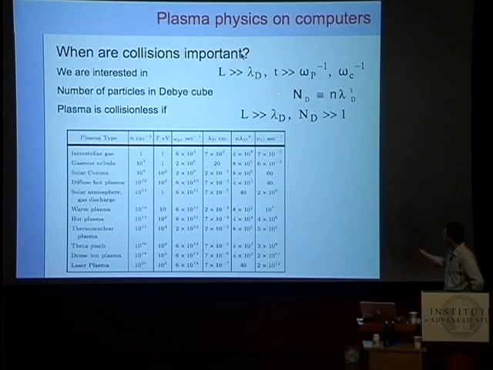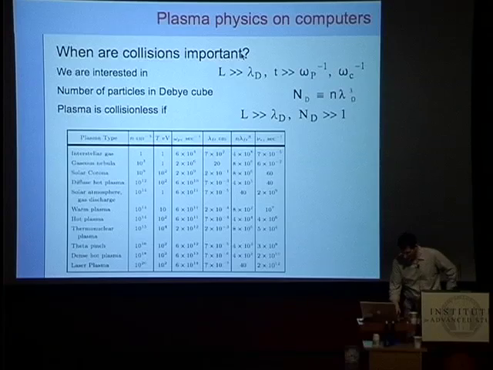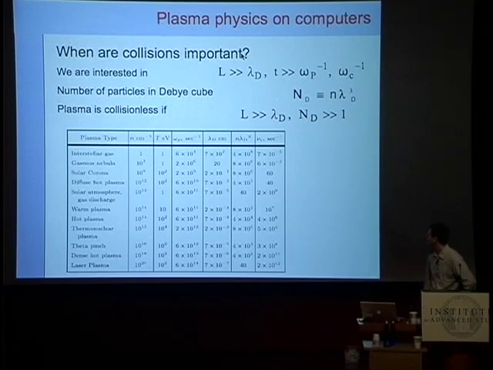And so this figure of merit, this Debye number, the density times the cube of the Debye length, is shown in this plot. You probably can't read it, but basically for the interstellar gas, this number is about 10 to the 8. For the solar corona it is about 10 to the 6.